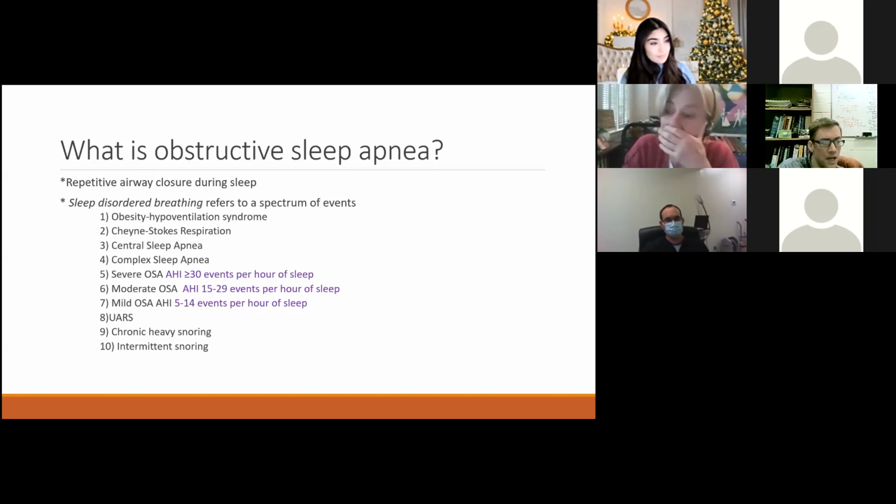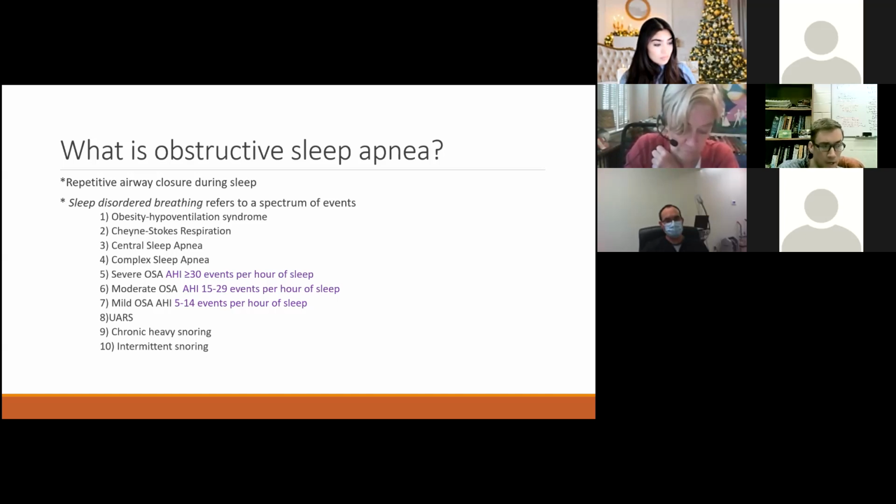So you can have obesity hypoventilation syndrome, where not only are you having hypoxemic events and apneic events typically, but the obesity changes in respiratory mechanics, hormonal changes, and alterations in your respiratory centers actually lead to chronic CO2 retention just related to obesity.